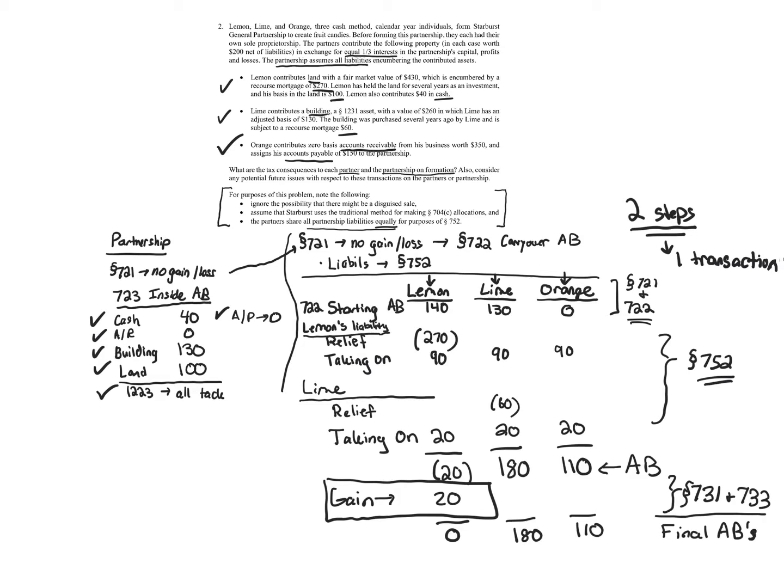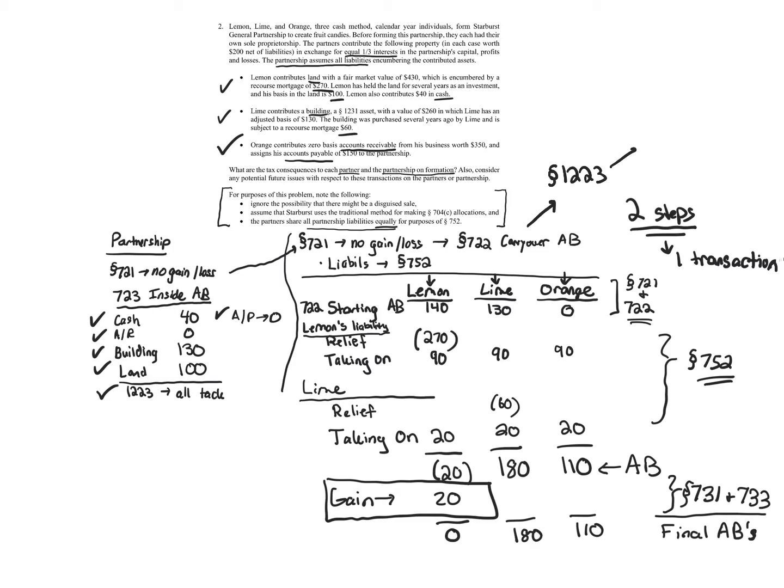So first thing we do is we focus on our basic 721 and 722 rules. Okay? We also, I forgot to mention this earlier, and it's important for now, tacking. Section 1223, tacking. Lemon's contributing land held for several years in investment, and cash.